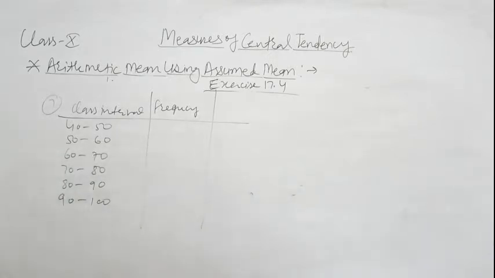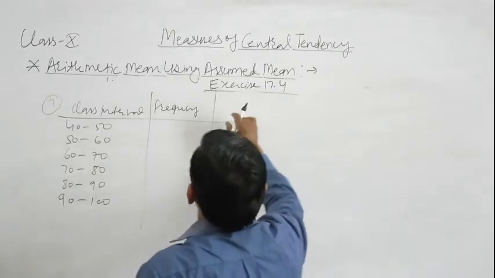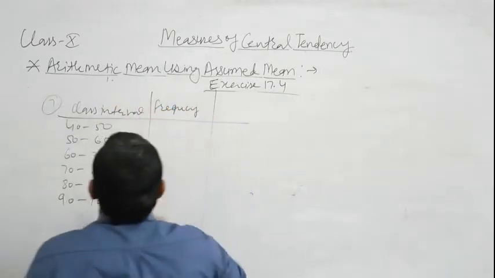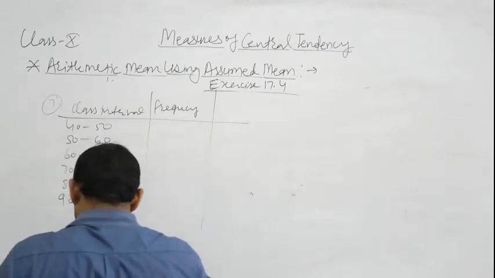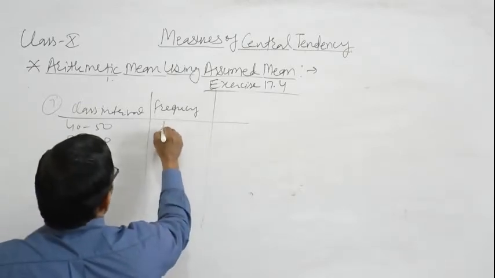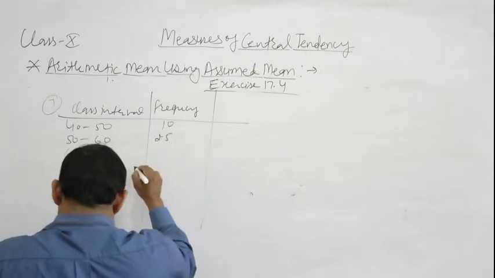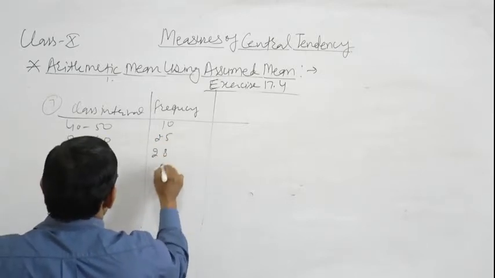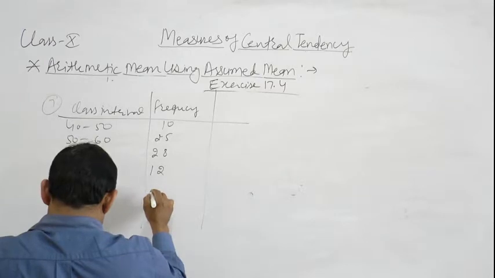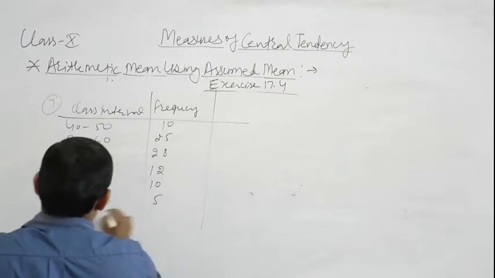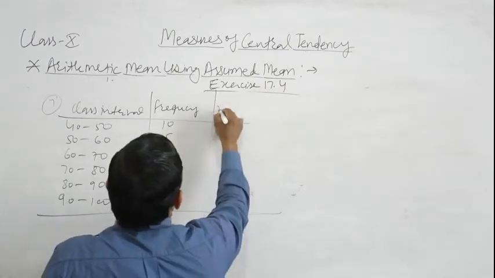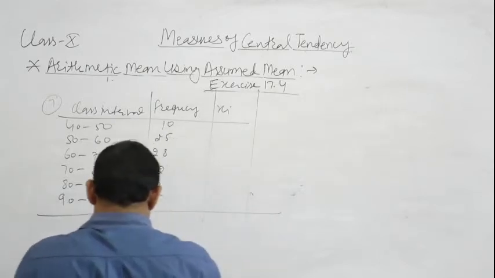This question we solve by using the step deviation method. So the frequencies are 10, 25, 28, 12, 10, 5. First we find the values of xi.